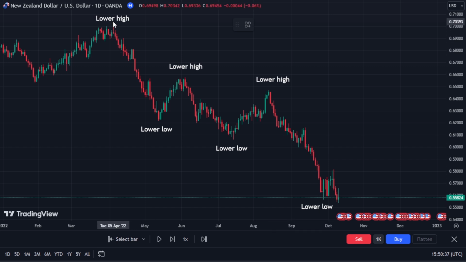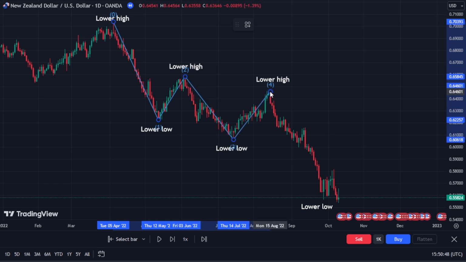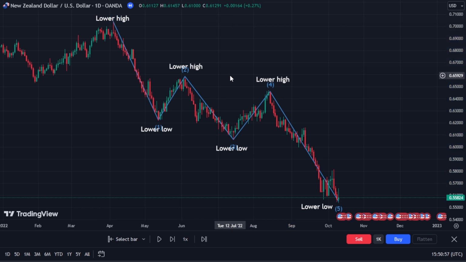So you can see price formed a lower high, it moves down, forms a lower low, it moves up, lower high, down, lower low, and so on and so forth. So this is a clear example of a downtrend.